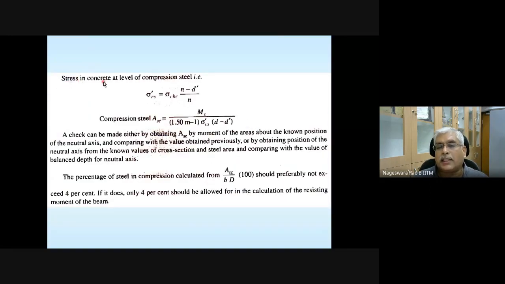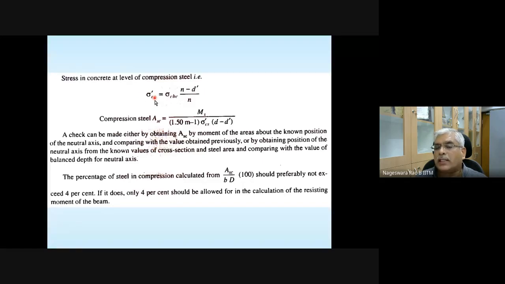Stress in concrete at the level of compression steel, this is what I mentioned. So you need to calculate this sigma prime CS. Sigma prime CS is sigma CBC divided by n multiplied by n minus d prime. And this value of stress is the stress in concrete at the level of compression steel.